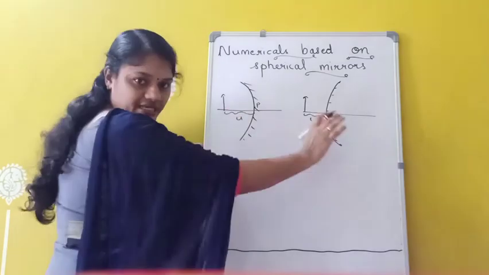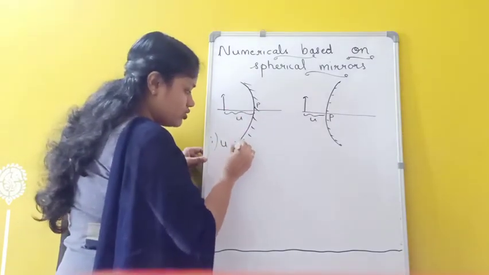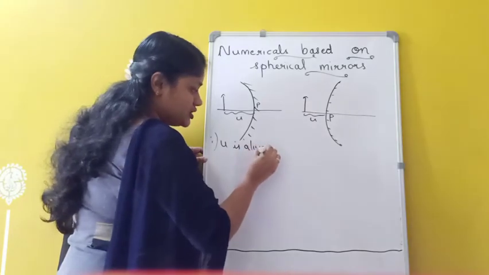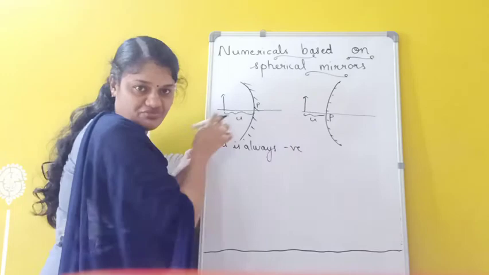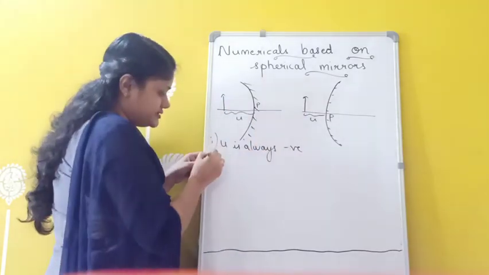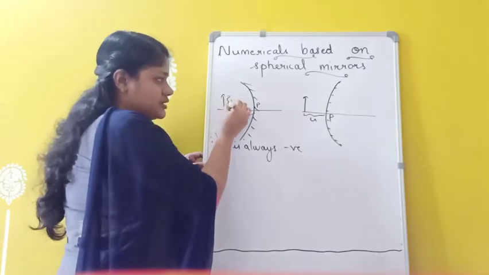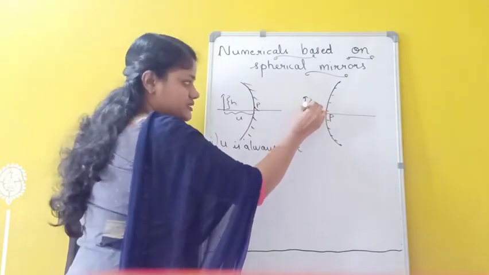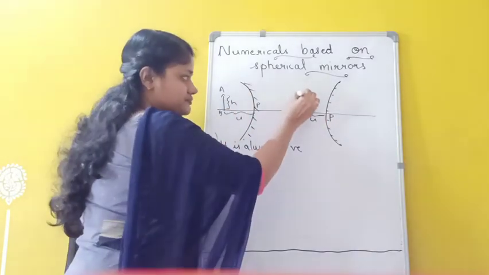So the common sign convention for both: first one, u is always negative, because we are keeping the object only on the left hand side. Then second one, this is the height of the object, h, and here also this is the height of the object. Suppose I am taking AB, so AB is the height.